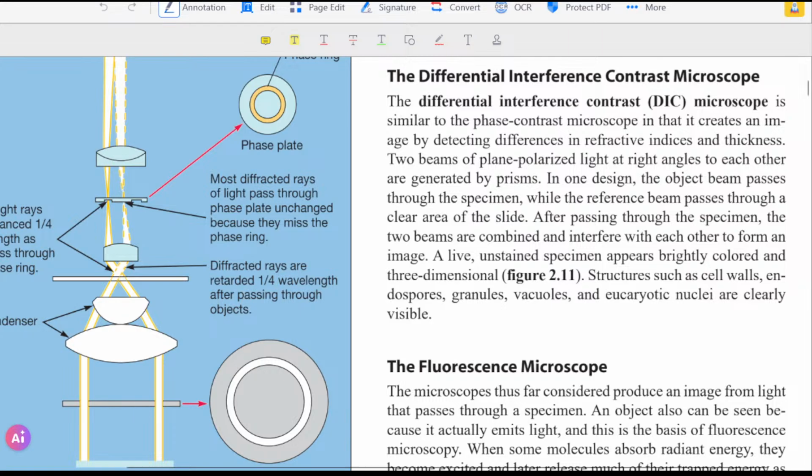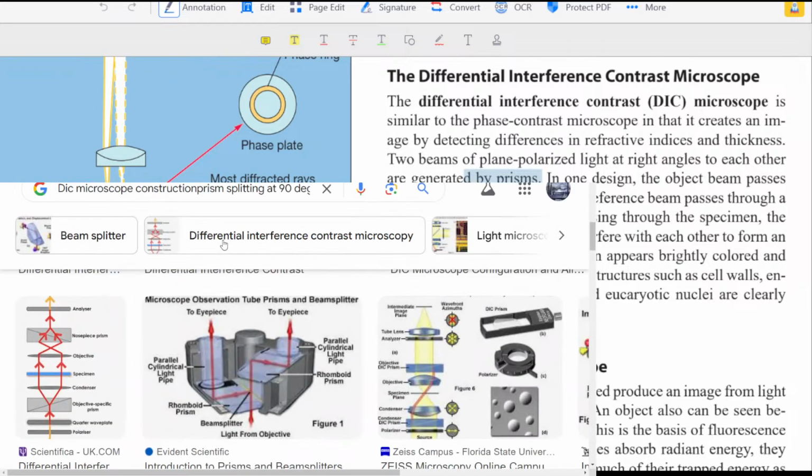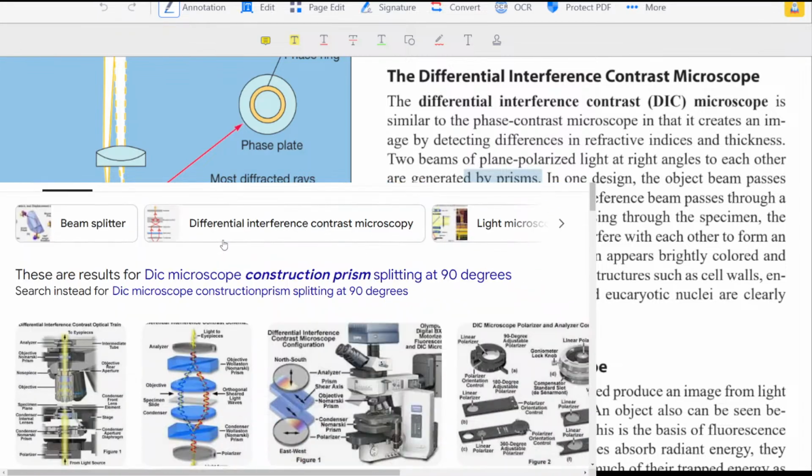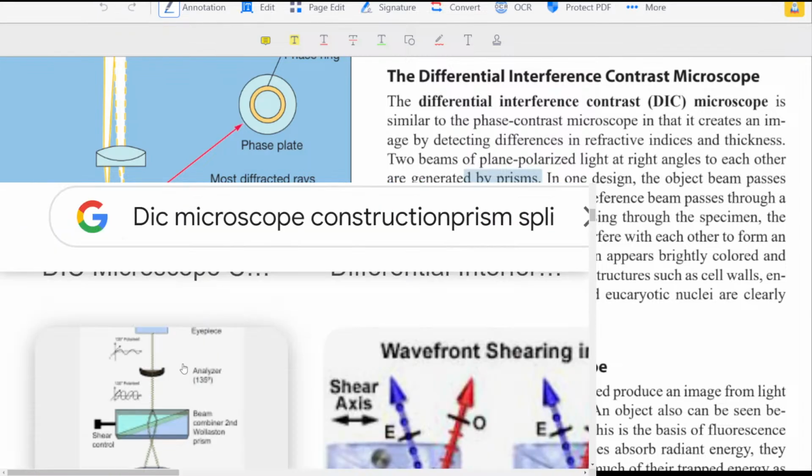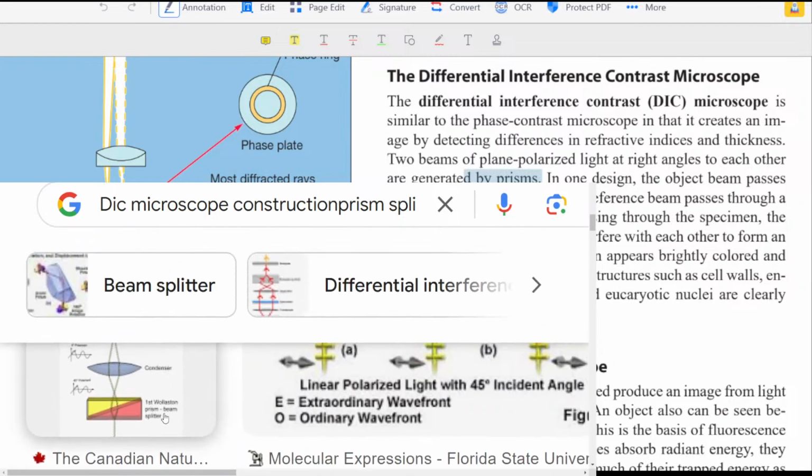Wait. Two beams of plane polarized light at right angles to each other are generated by prisms. This happens. I kind of get it. I don't need more explanation. So this is a prism.